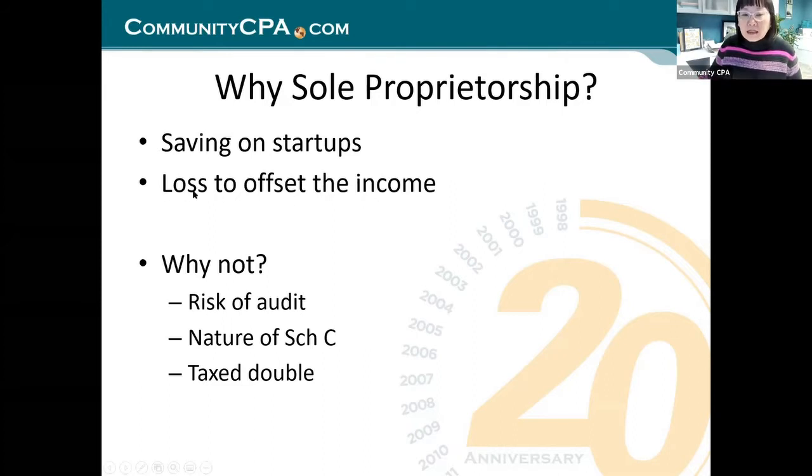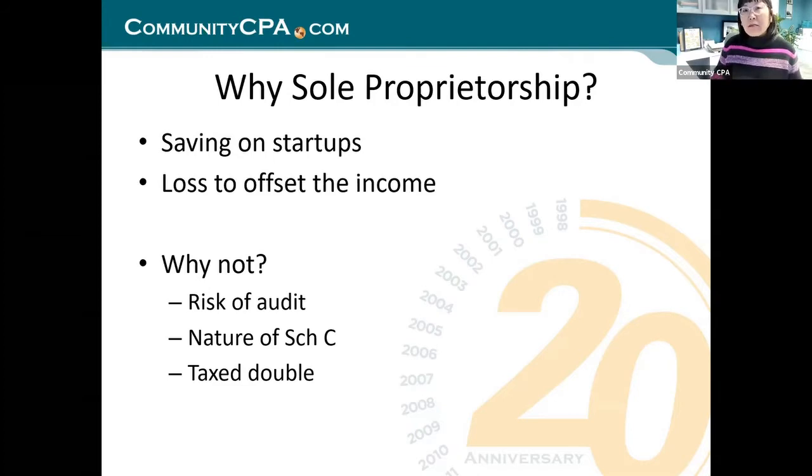So that is to save on the startup cost, and the loss can offset the income. As a sole proprietor, I am using my name and my social security number to run the business, so it is actually inside my 1040. If I run a loss on my sole proprietor business, my other income will be reduced, so I might get a bigger refund.